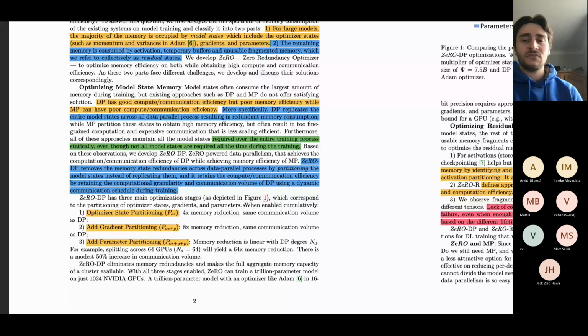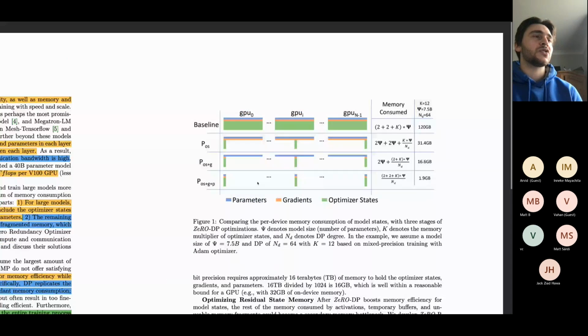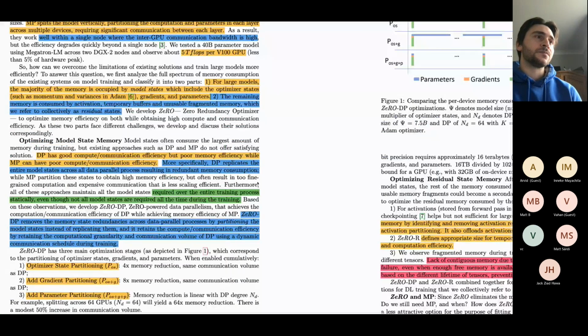They don't really go that in depth about the dynamic communication schedule, or somehow I missed it having read the whole paper. But anyway, so those are the 3 stages of ZeRO DP, data parallelism.